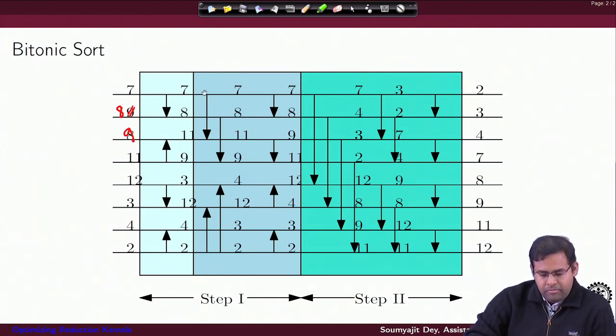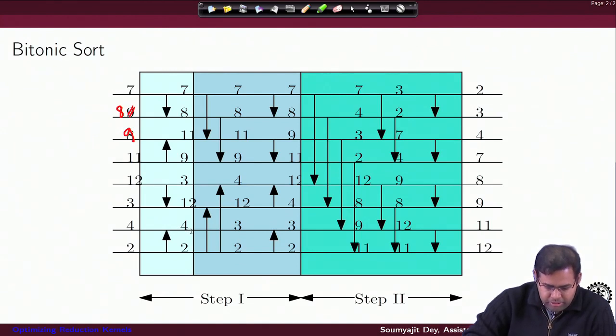Here I have to compare between 7 and 11, nothing changes. 8 and 9, nothing changes. Now here I have to compare 2 and 12, again nothing changes. Here we are comparing 2 and this value 12, so that remains the same.